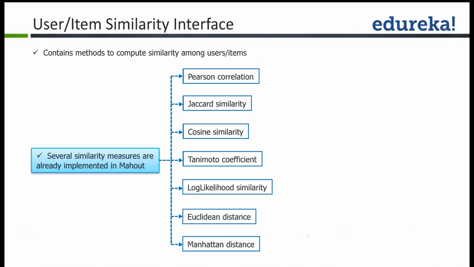Whenever you invoke a recommendation engine, you simply have to specify which similarity measure you would like to use, and that's all you need to do. So these are the methods that are available to compute the similarity between different users.